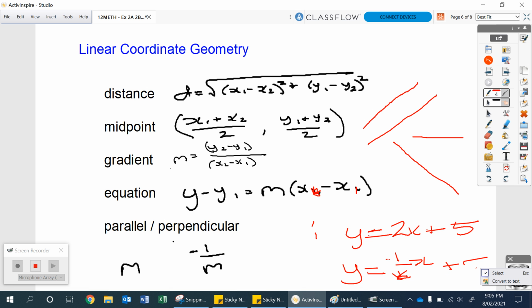Sorry about that, that's why I'm not doing the pen. My tablet has gone nuts. Okay, so that's the third section.